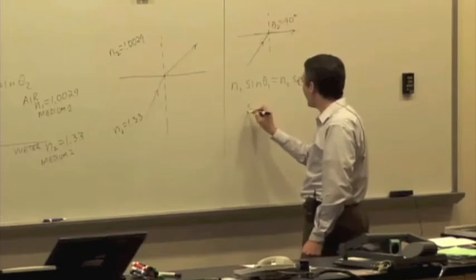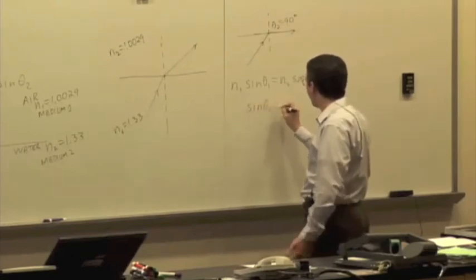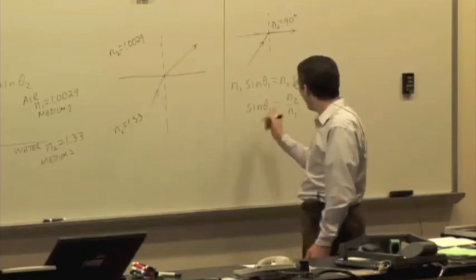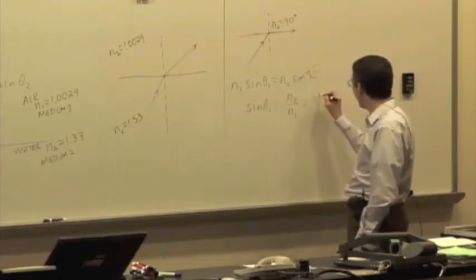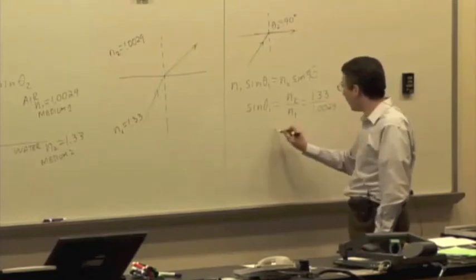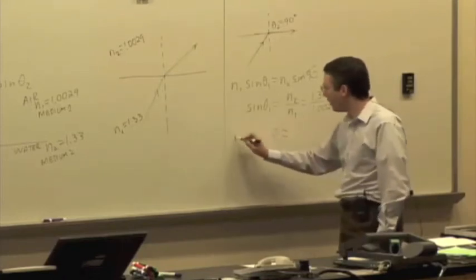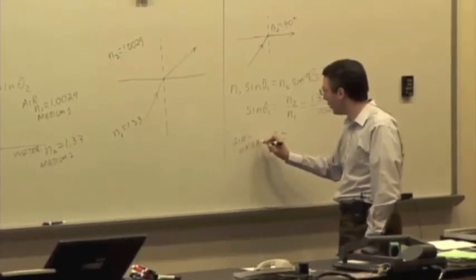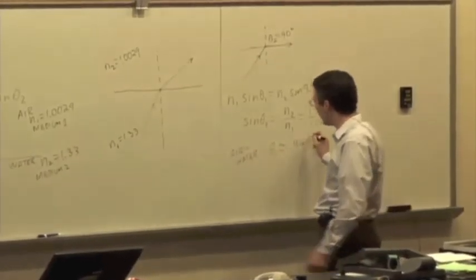We could figure out this critical angle for any two indices. We worked it out for n2 being 1.33 and n1 being 1.0029, and for the air-water interface, the critical angle is 49 degrees.